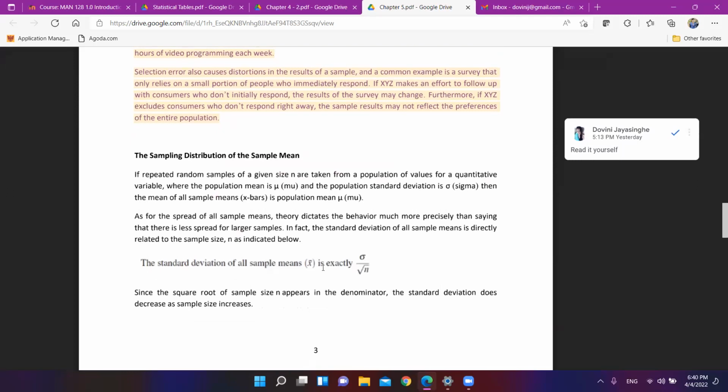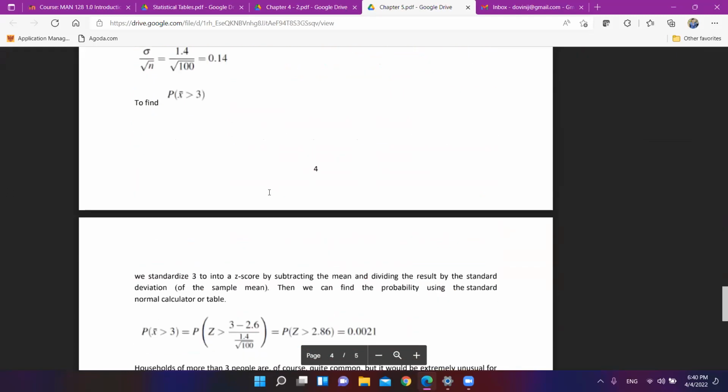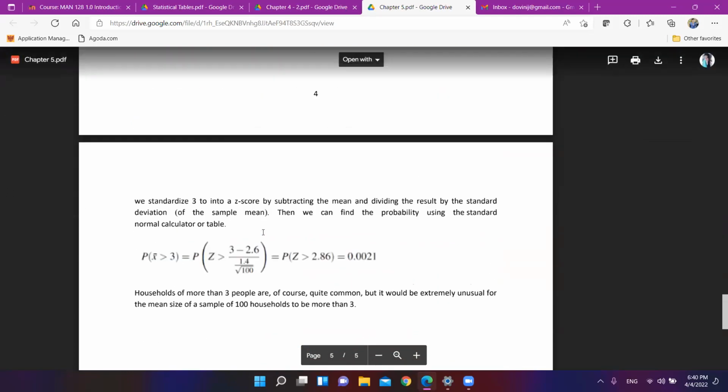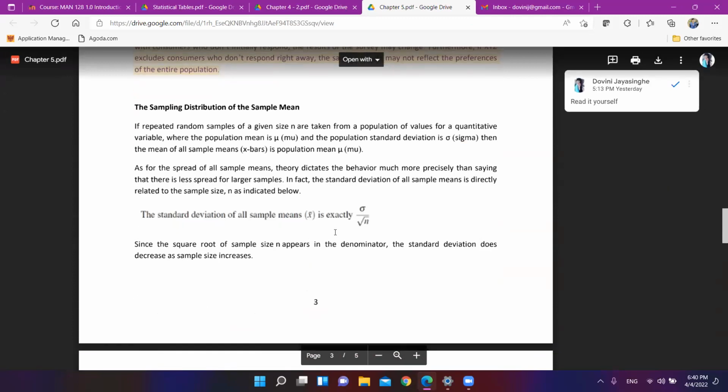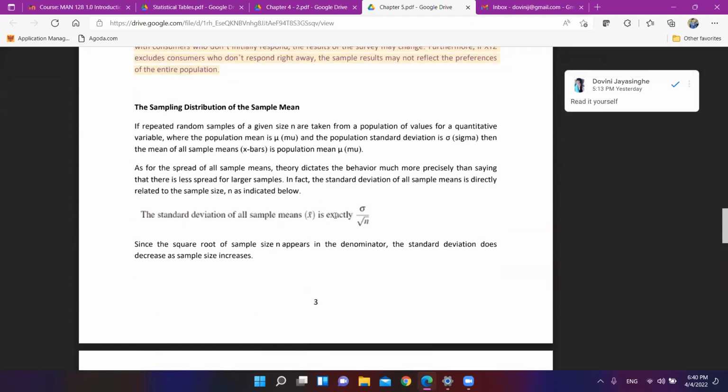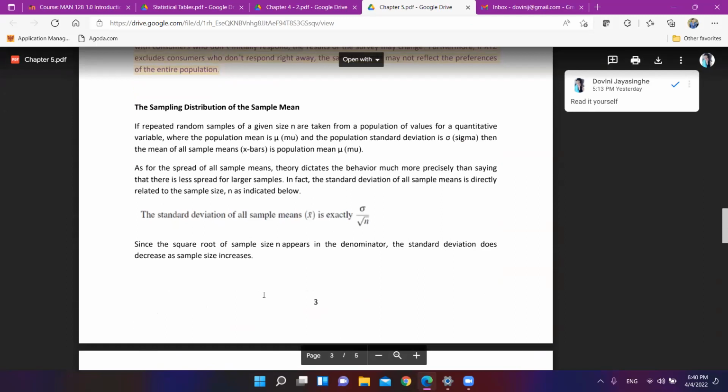Okay, then the sampling distribution of the sample mean. ඊට පස්සේ පොඩි වැඩක් තියෙනවා, මේ ගිය සතියේ කරපු එකමයි. Important theorem. I'm not going to question on this, but still very important.